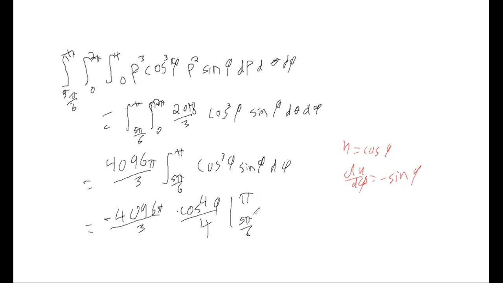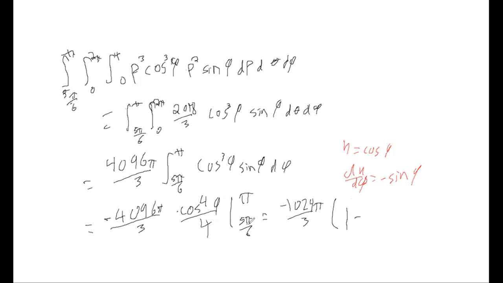And what this means is we're going to get negative 1024 pi over 3 times cosine of pi, which is just -1. -1 to the 4th is 1. Amazing. Let's make that less like a strange thing and more like a 1.